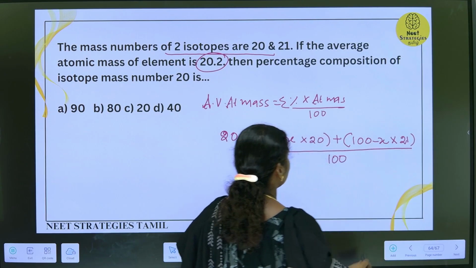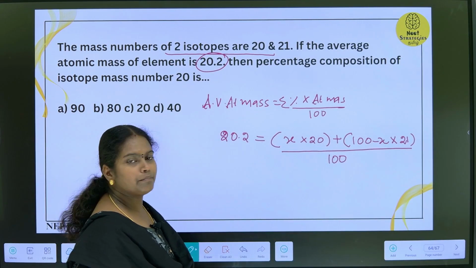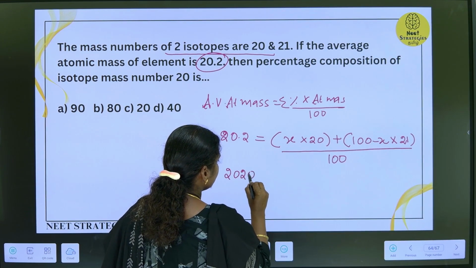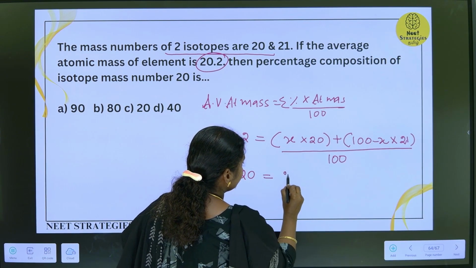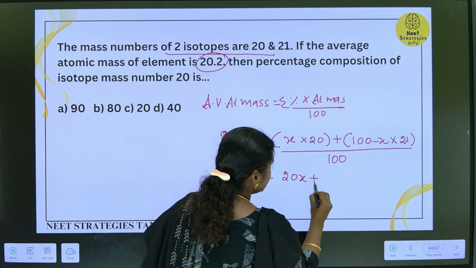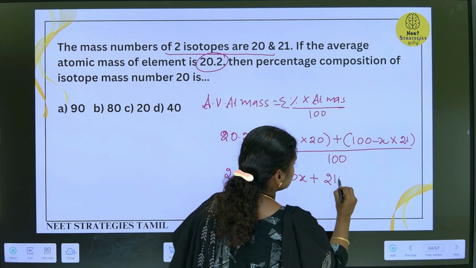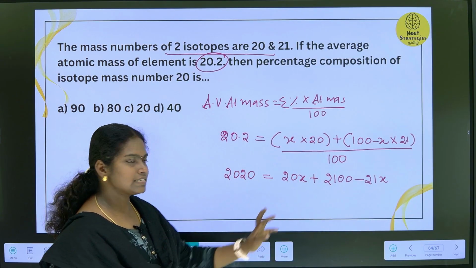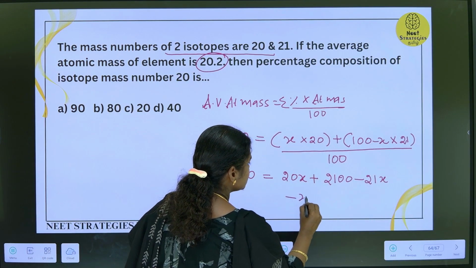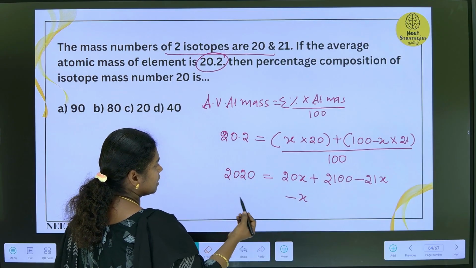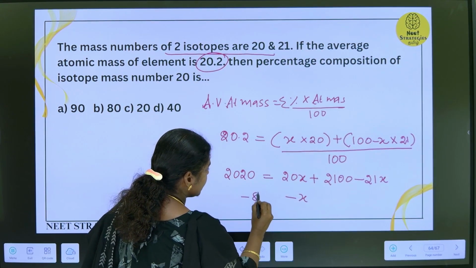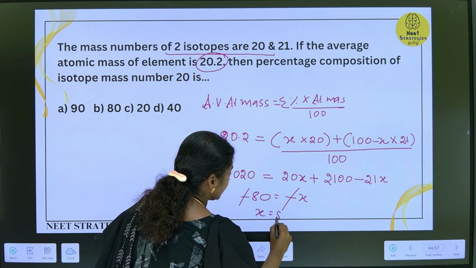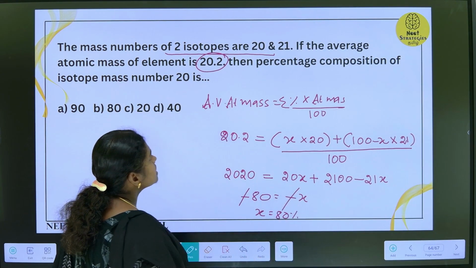When 100 is multiplied, it is 2020, which is equal to 20x plus 2100 minus 21x. Here minus x, and here minus 2100, so 80 minus 80. Minus minus cancel. So x is equal to 80%.